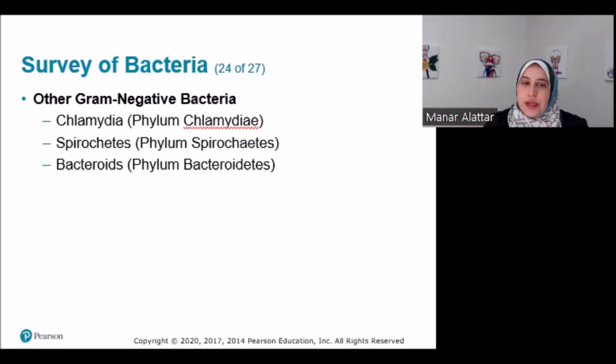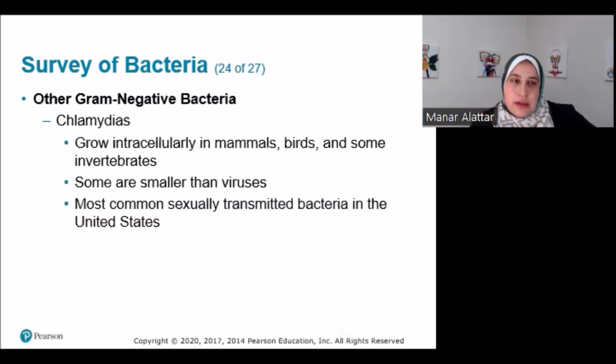And so they're kind of included separately together, not because they're relatives, but just because it's basically convenient to separate them from the other organisms that they're obviously not related to. And so these include chlamydia, spirochetes, and bacteroids.